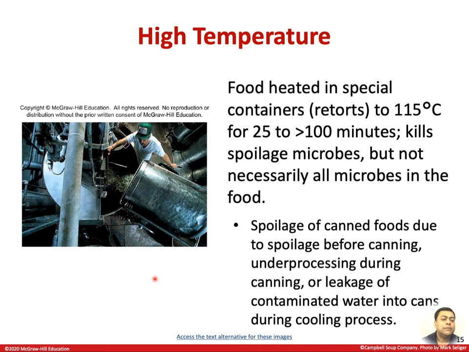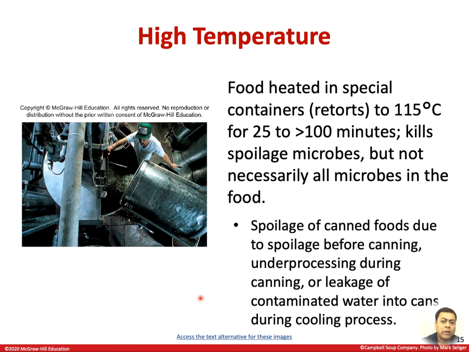This is the process that we also do in home canning, just much larger in industry, where once a soup or a vegetable is produced, it goes into the can and is heated to a certain temperature and then sealed so that nothing goes in there. But if you get a can, sometimes due to contamination, there can be bacterial growth inside a sealed can as well.